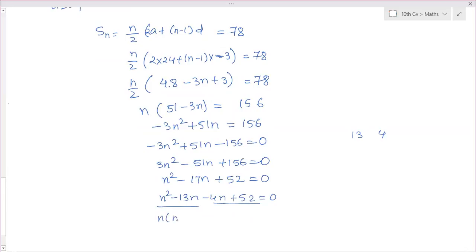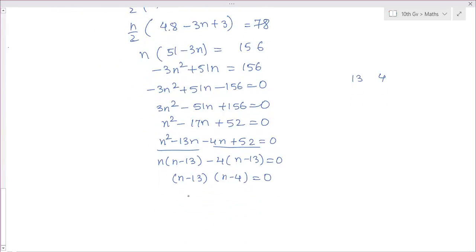This is n into bracket n minus 13 minus 4 into bracket n minus 13 is equal to 0. So n minus 13 or n minus 4, these are the factors. So values of n will be 13 or 4.